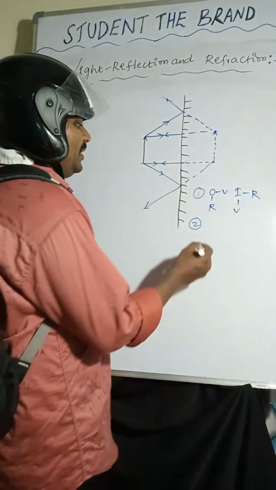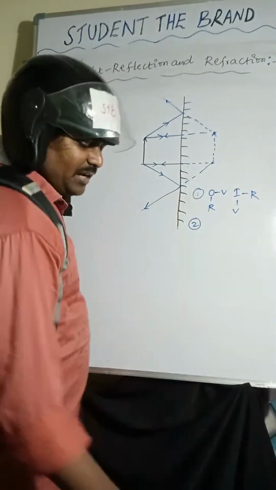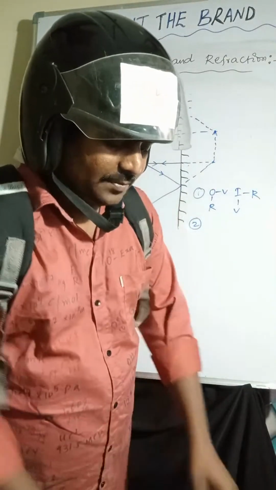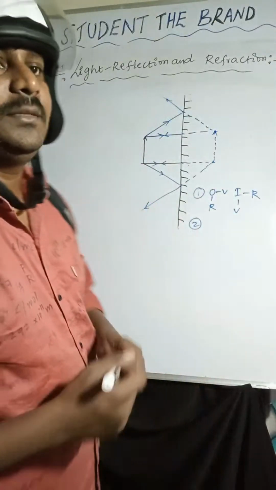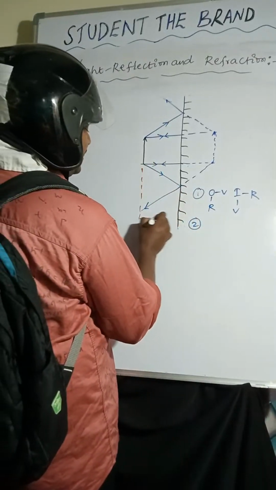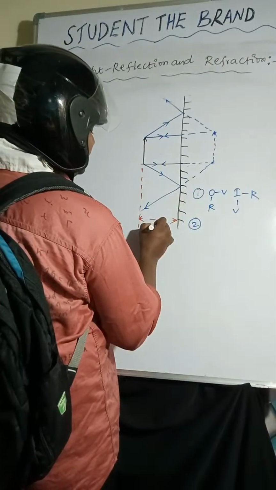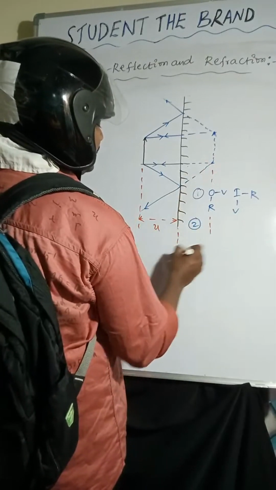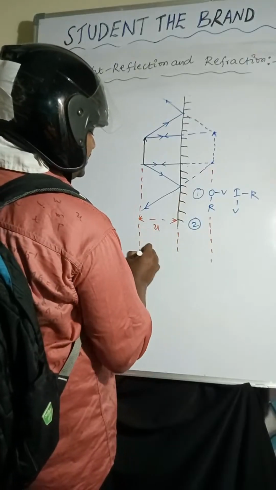The second point: the distance between the object and the mirror is called the object distance. This is the object, and this one is the mirror. The distance between the mirror and the image is called the image distance.